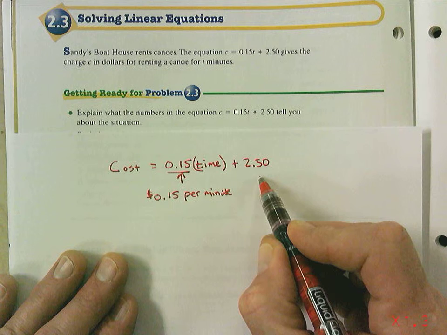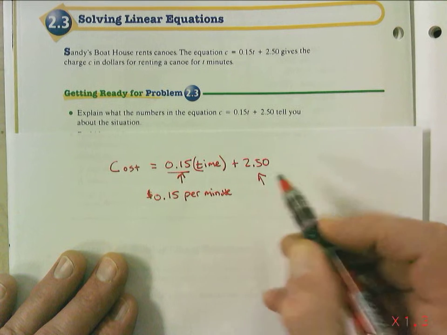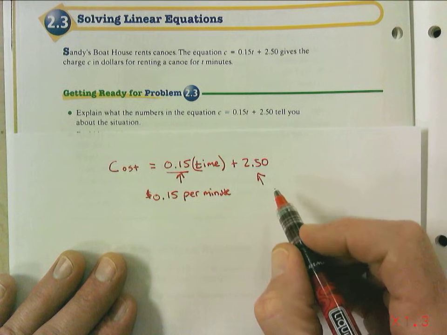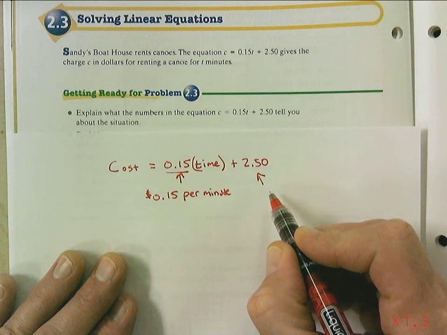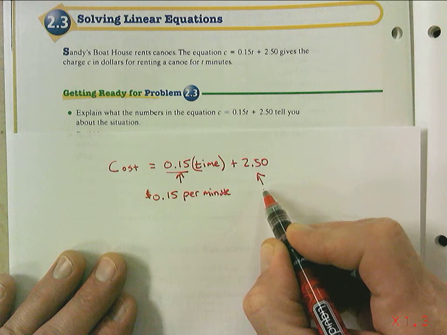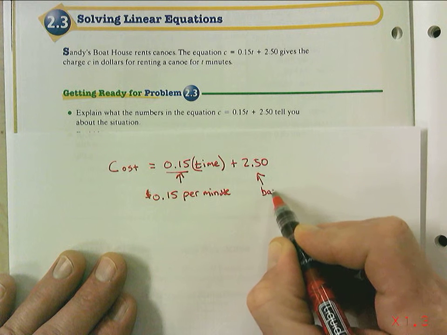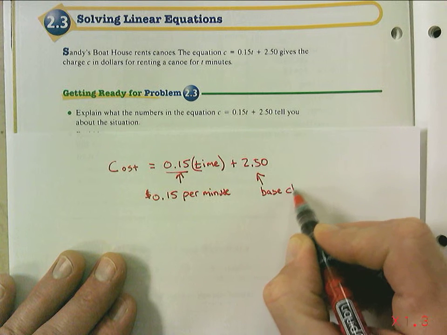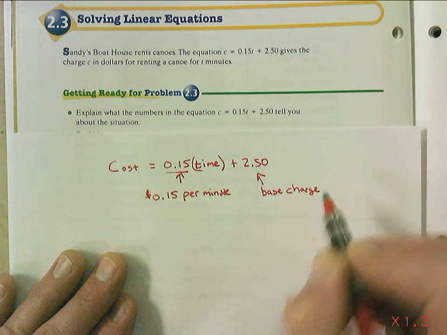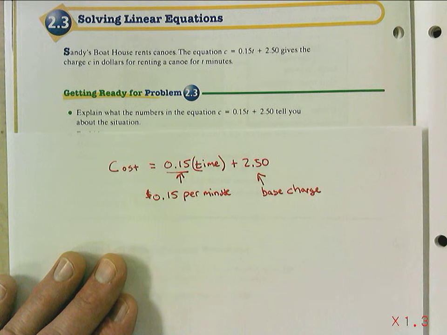And then there's also this other additional charge of $2.50, which is like an initial fee or a base charge that you have to pay no matter how long you rent the canoe for.